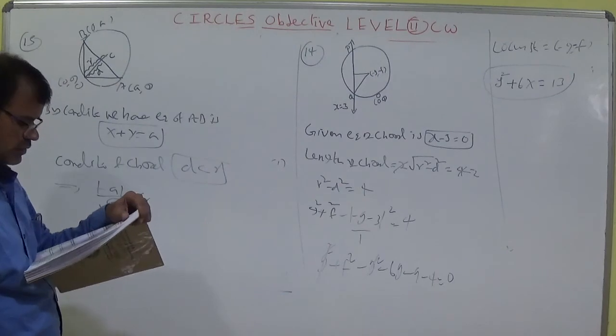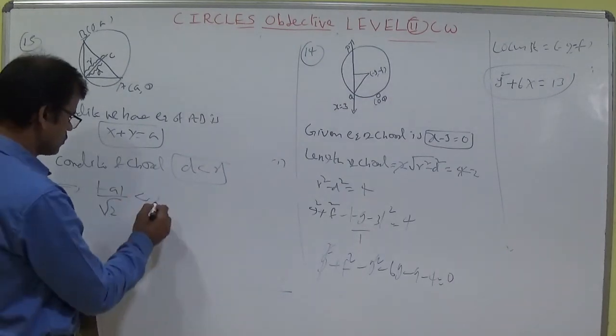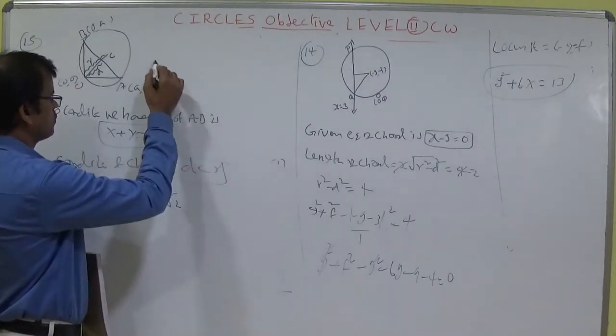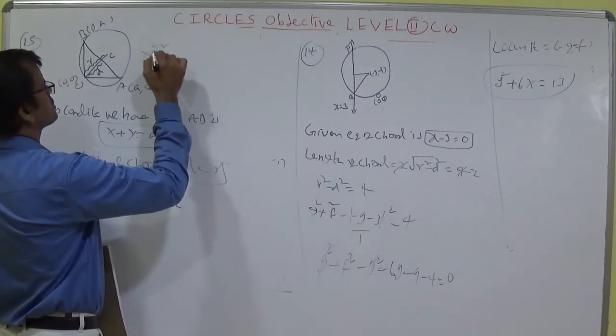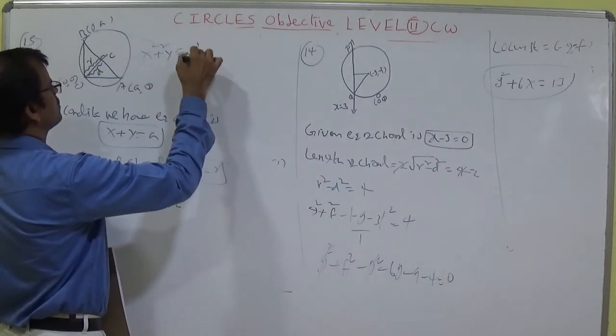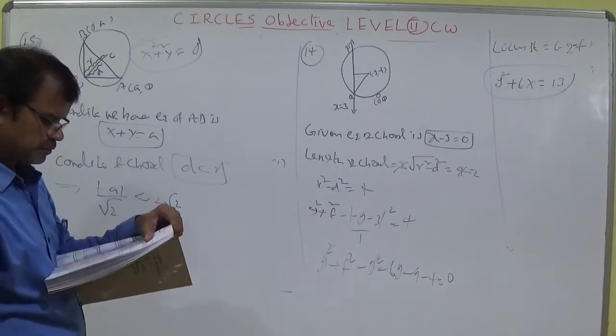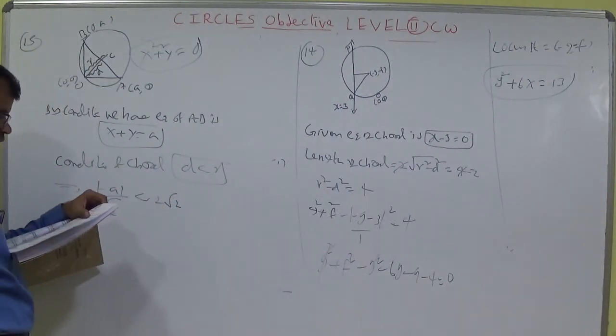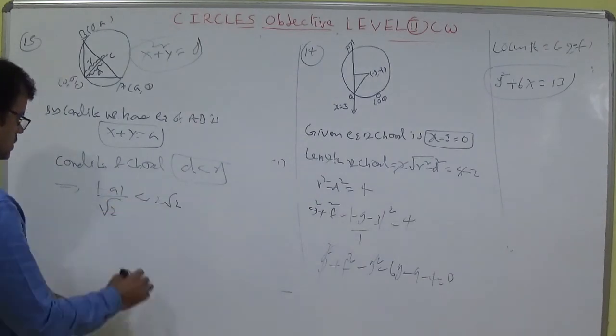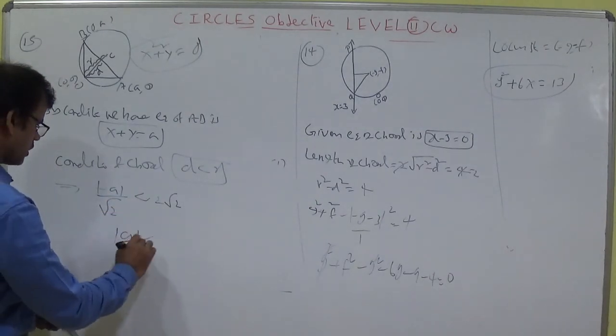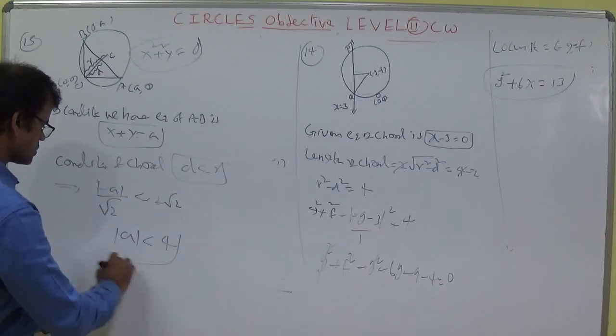What is the r of the circle? 2 root 2, since x square plus y square is equal to 8 is given. So you can write mod A less than 2 into 2, so it is 4.